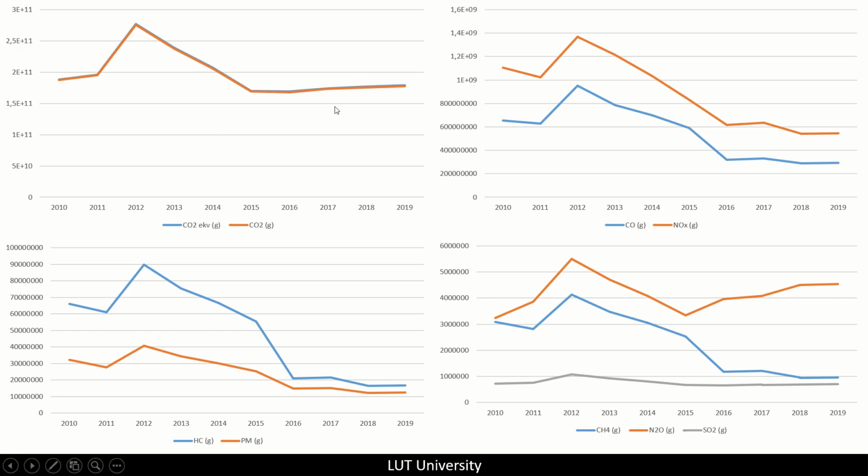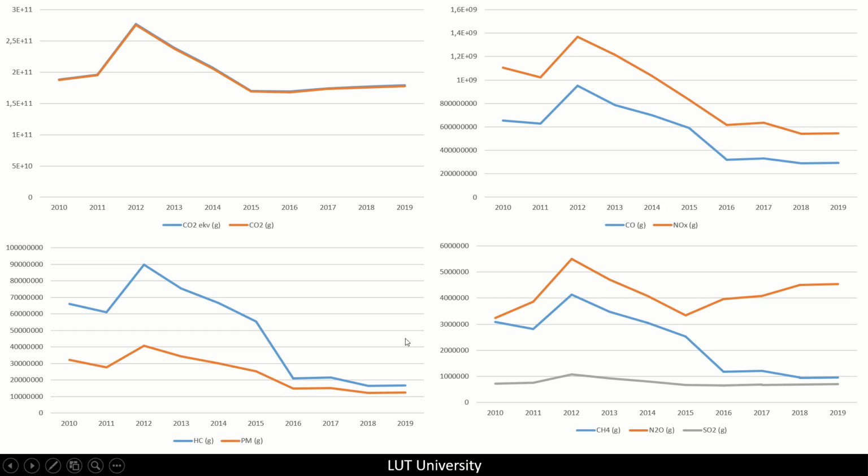So what we can see, the big picture here, is that CO2 emissions are stagnant, a little bit rising, but compared to the rising amount of traffic, it seems that they are not drastically rising, even though the amount of emission sources are rising.